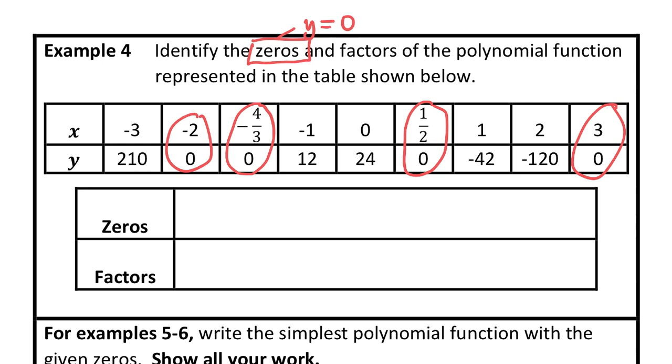So I have x equals negative 2. Then I have x equals negative 4 over 3. Then I have x equals 1/2. And then I have x equals 3.